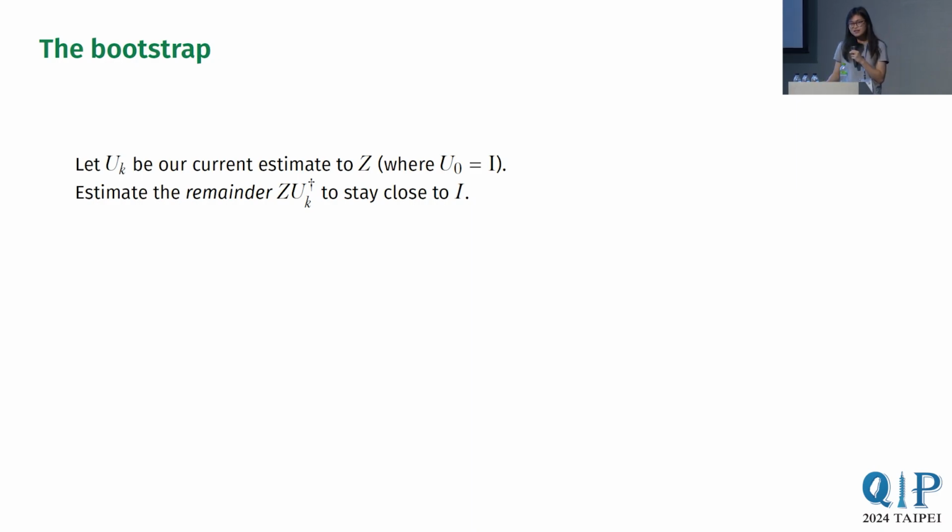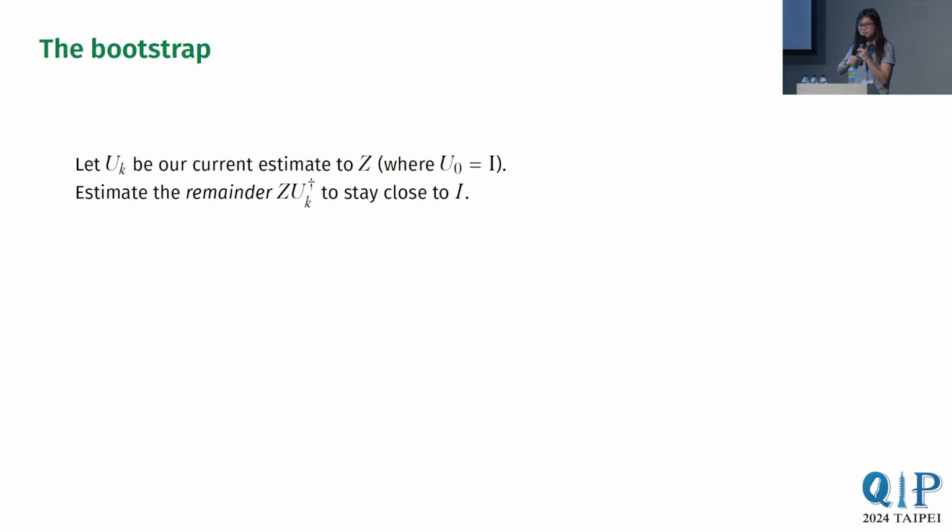The main idea is that we want to run our algorithm, but we also want to stay close to the identity. And so the way that we do this is we run our algorithm, but what we power up is not Z, but the remainder, the error of our estimate. So if we consider our current estimate at the current iteration, U_k, if this is close, then you know that Z U_k dagger is very close to the identity.